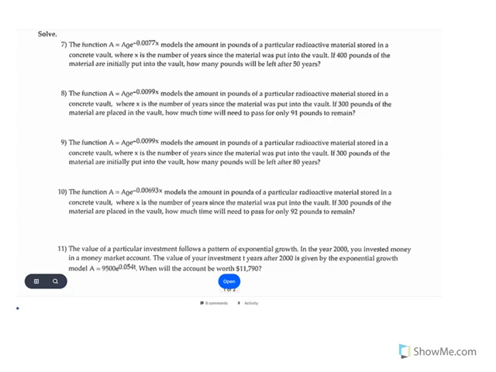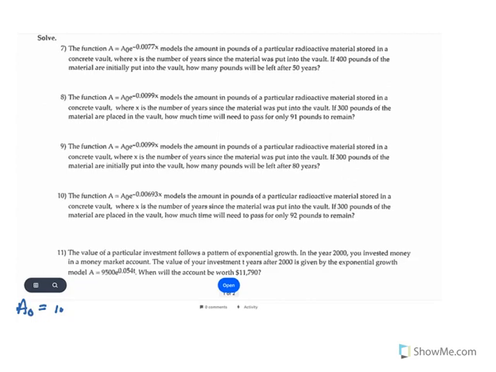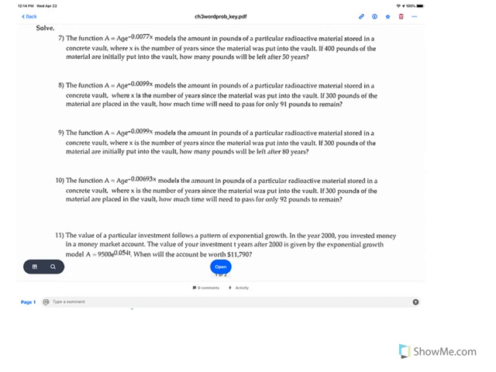So the only thing you really have to understand is that A sub zero, anytime you have a sub zero as a subscript, is considered to mean the initial amount. All right, let's try these again. So A sub zero is always an initial amount.